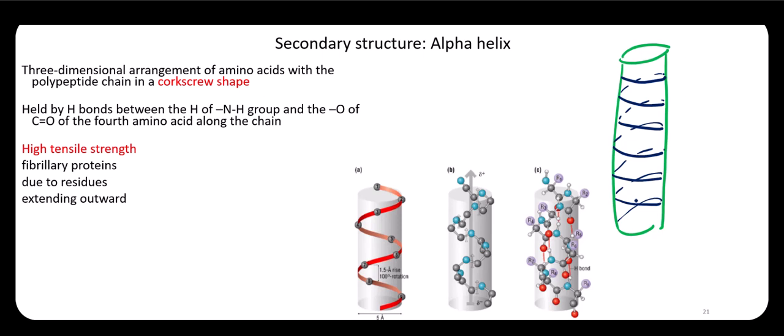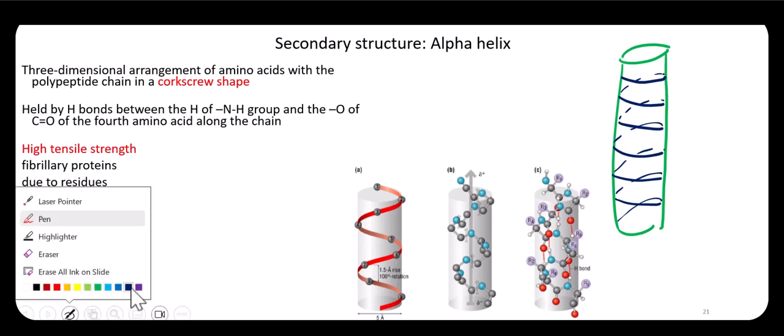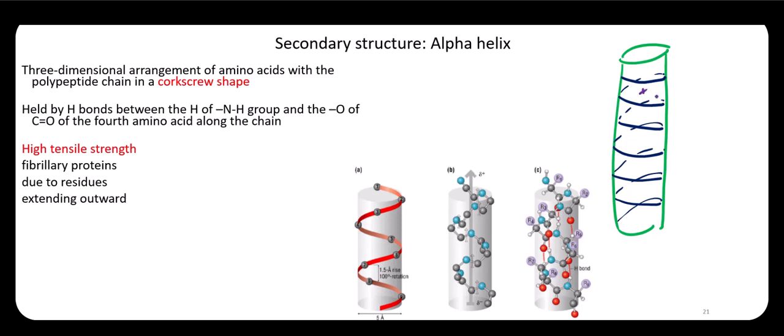So I wind it around, and I'll end up with a plus in the neighborhood of a minus, and a minus in the neighborhood of a plus. So I'll hold the string to the next round of string, my next trip around it. It takes 3 to 4 amino acids to go around my helix, my paper towel holder. By winding it like that, I make what's called an alpha helix.